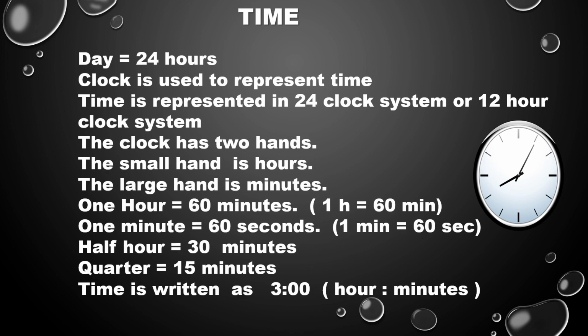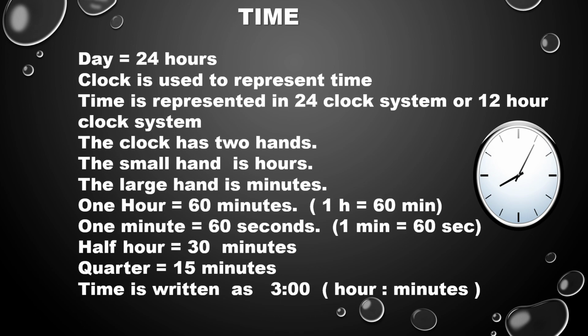Time. A day has 24 hours. A clock is used to represent time. Time is represented in 24 clock system or 12-hour clock system. The clock has 2 hands.